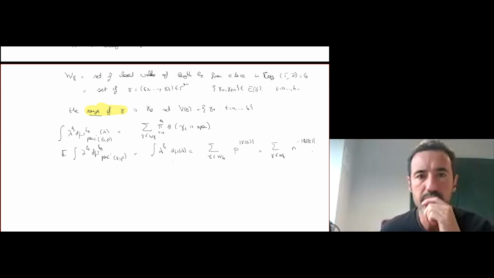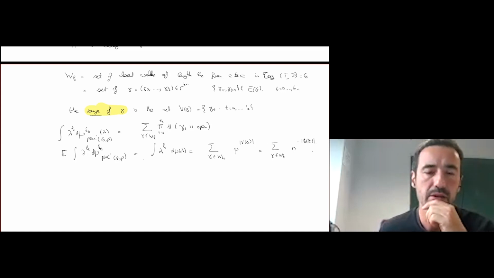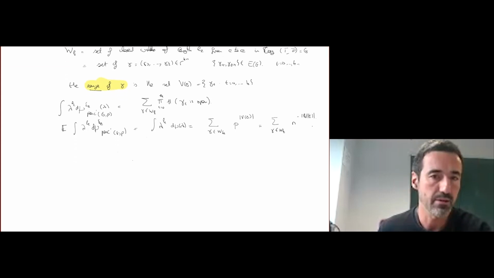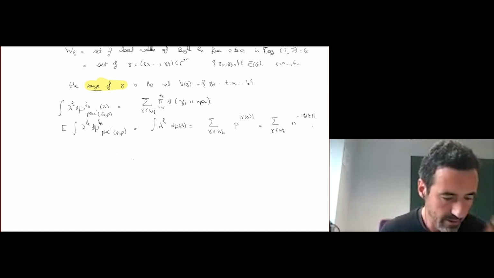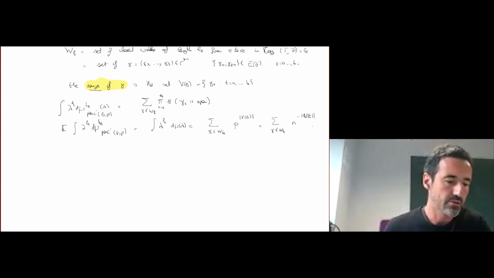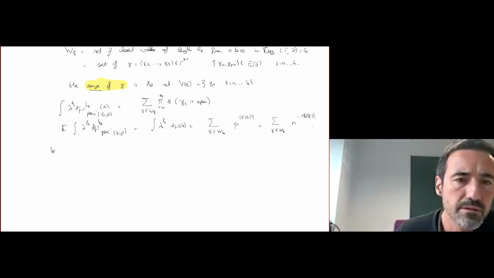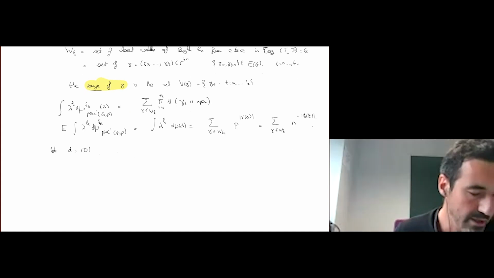I have computed the moments of the percolation graph. Now I should compute the moments of the Lamplighter graph. To do that, I will use some notation. At least for me, it's easier to think about random walks.